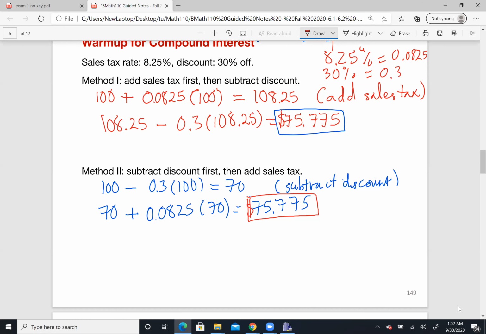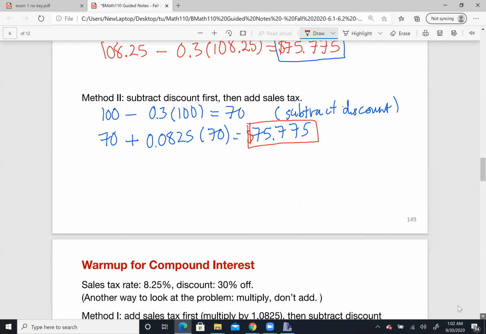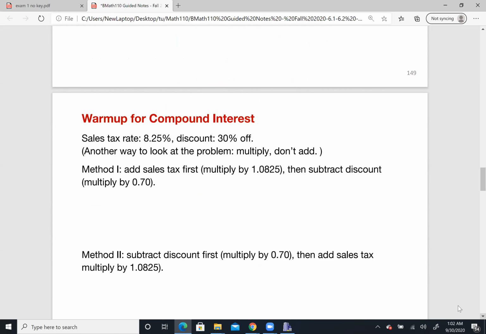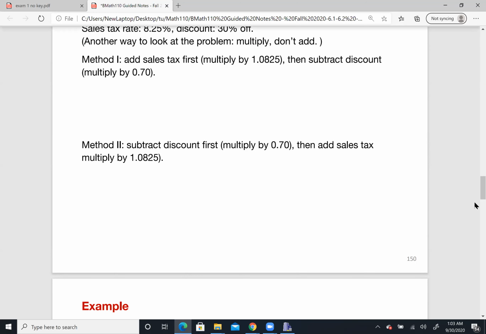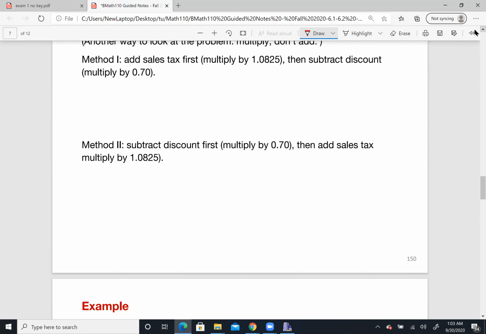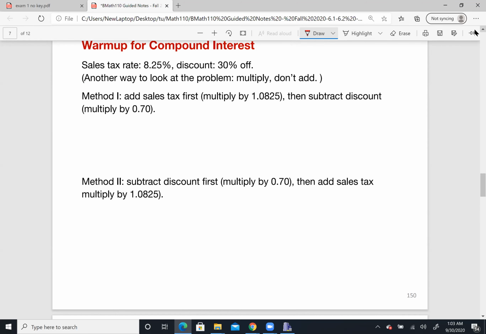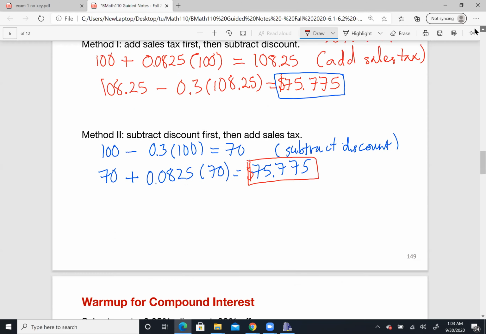All right. So let's have another way to look at the problem, right? Now I would like to use multiplication instead of adding stuff. So the first method says adding sales tax first, which means it's multiplied by 1.0825. Why does that happen? Let's go back here.